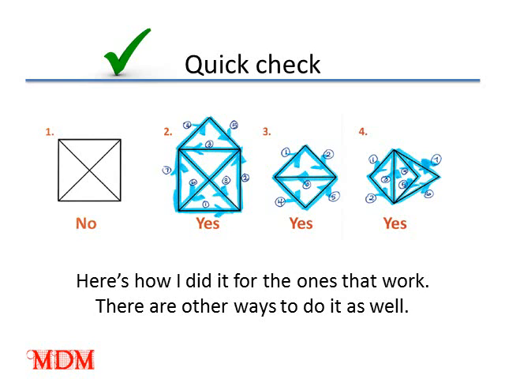Let's look at how you might have traced 2, 3, and 4. Notice that I've labeled the edges with numbers to indicate the path that I have taken.